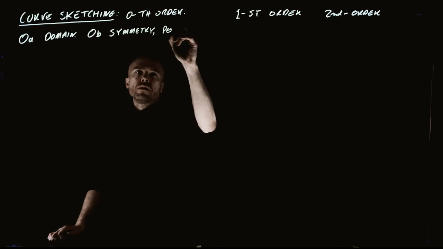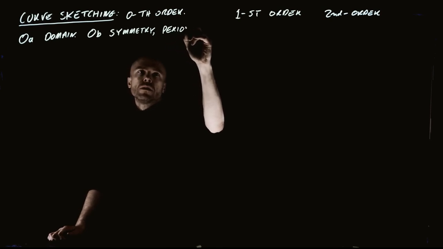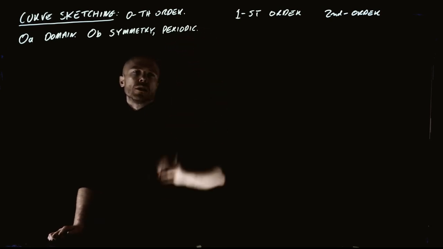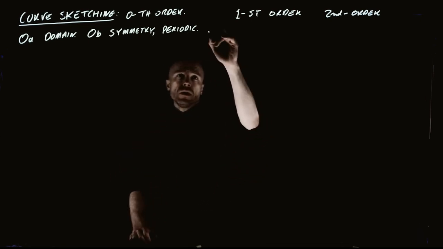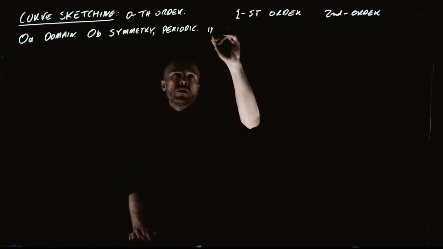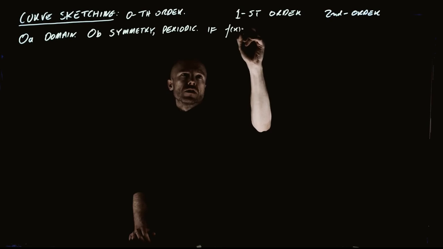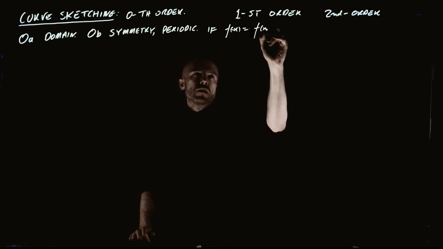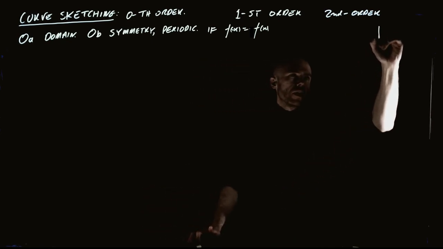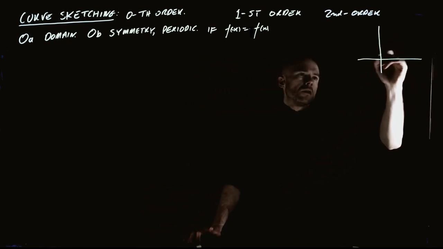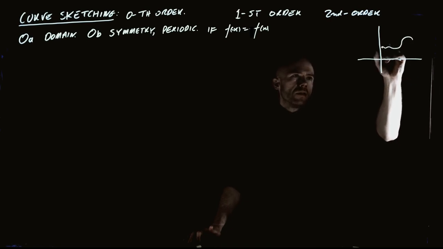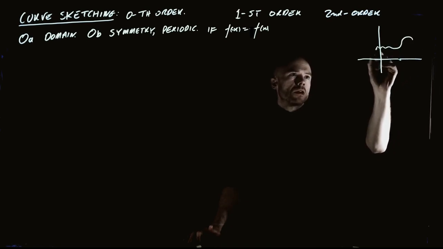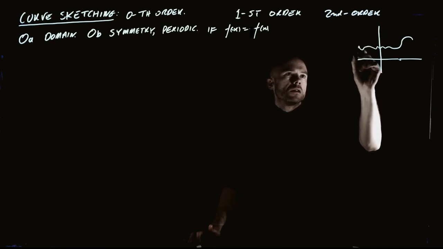and periodicity. So if our function satisfies this, for example, f of minus x is f of x, then it's symmetrical across the y-axis. And so, for example, whatever we have going on here, we have a mirror image across the y-axis.